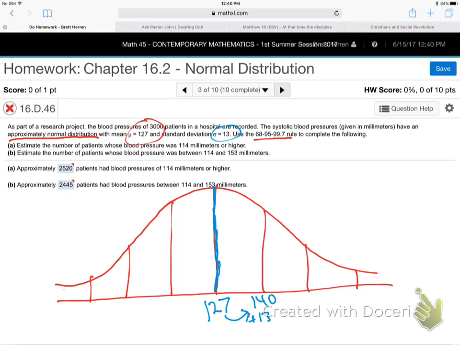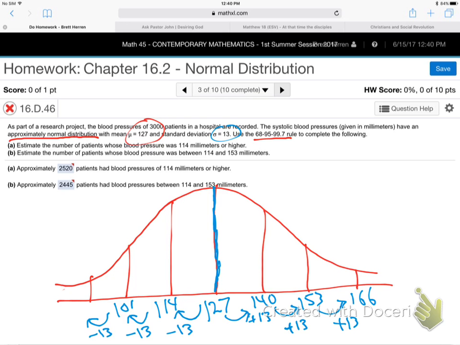It's 140. And then add the 13, 153. Add the 13, 166. And then subtract 13 from the middle, 114. Subtract 13, 101. Subtract 13, 88. That's right. So there we go for that.